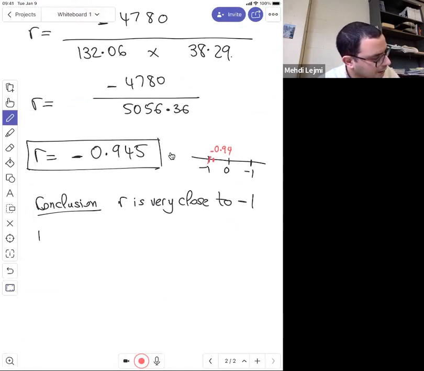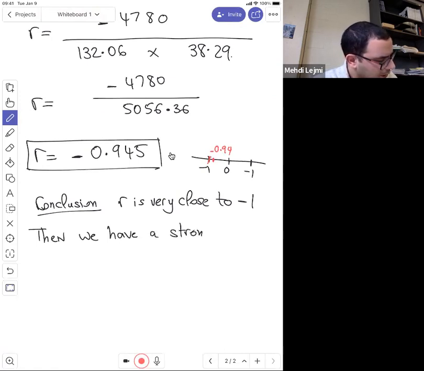It's not perfect, because to be perfect, R needs to be exactly -1, but it's very close to -1. So then we have a strong negative linear correlation.